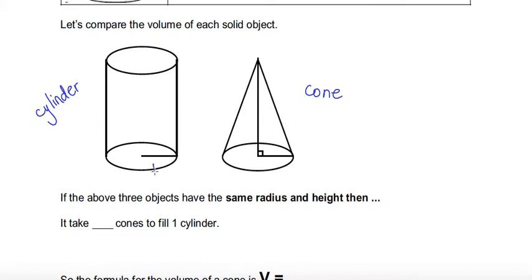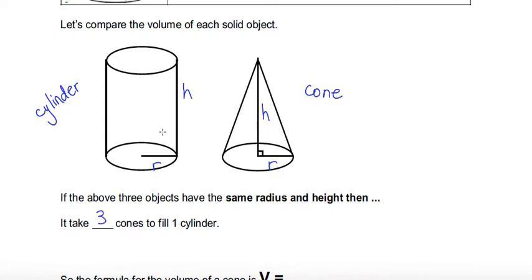If my cylinder and my cone have the same radius and they have the same vertical height, and if I was to fill up this cone, let's say we're going to fill it up with ice cream, because why not? If I was to fill up this cone with ice cream, it would take me 3 cones of ice cream to fill up one cylinder, one carton of ice cream.